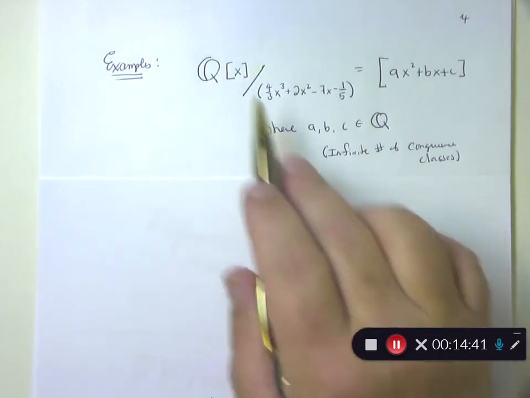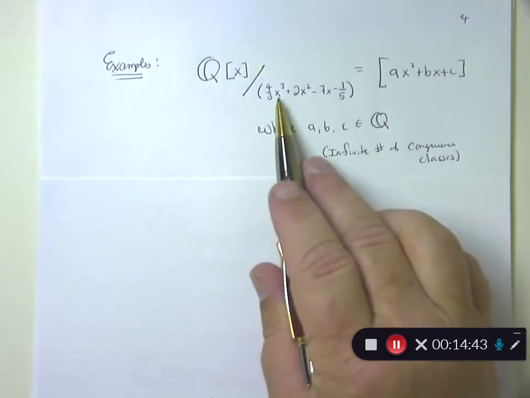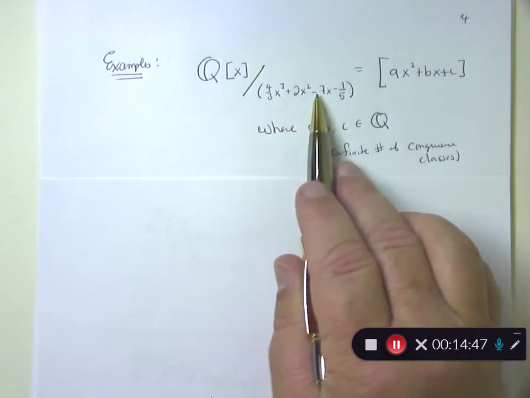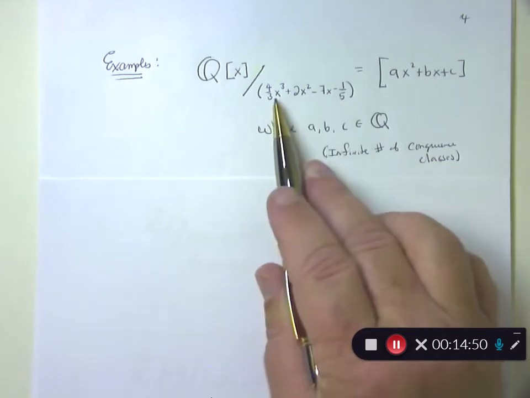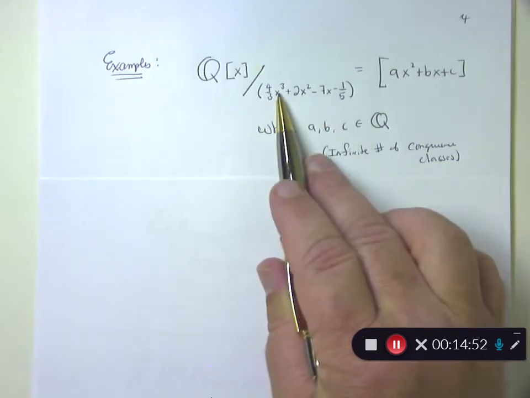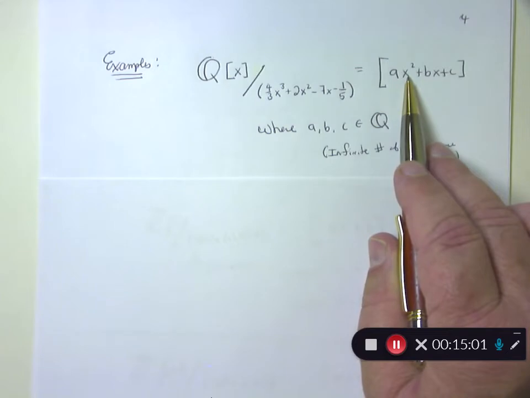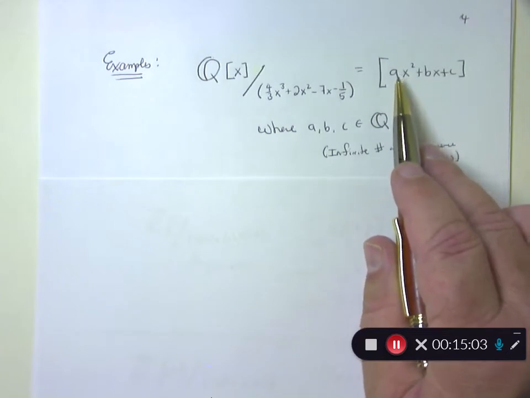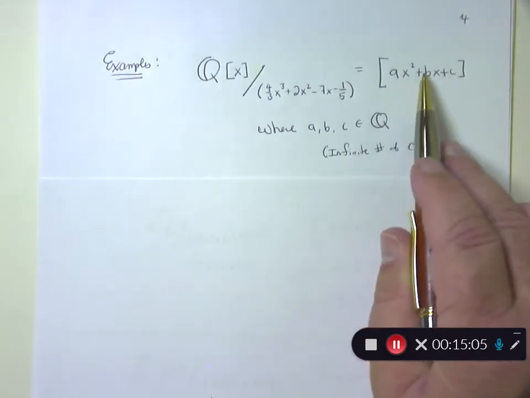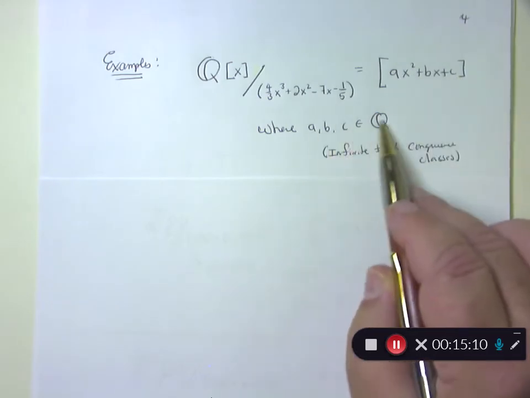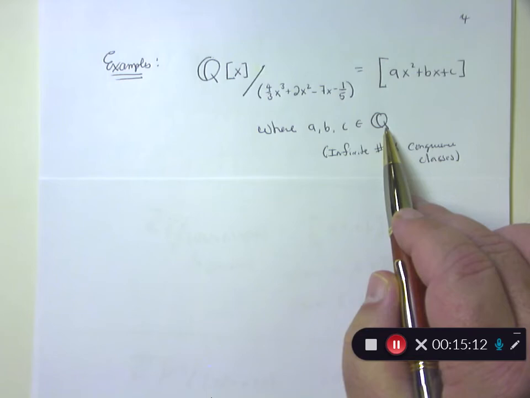So here's a classic one. Now, when you divide by 4/3 x cubed plus 2x squared minus 7x minus 1/5, I don't care about the coefficients. You're dividing by an x cubed. When you divide by x cubed, what's the biggest degree polynomial you can have for a remainder? Well, the biggest thing you can have is an x squared for a remainder. And so I'm going to call it, this is a general form, ax squared plus bx plus c, where a, b, and c can be any rational number.